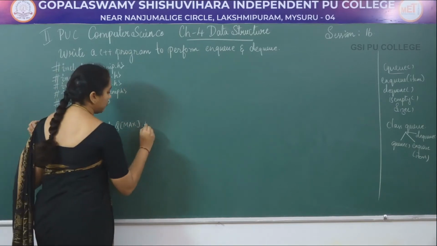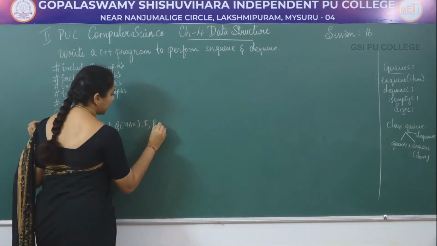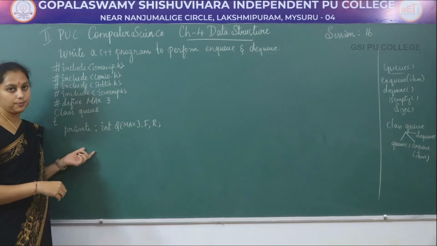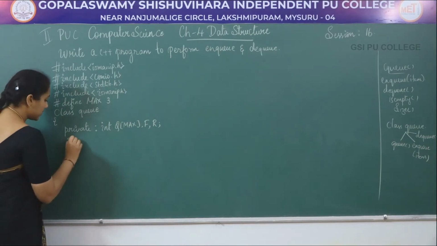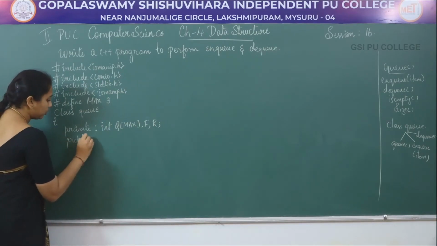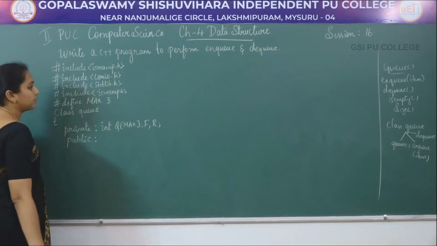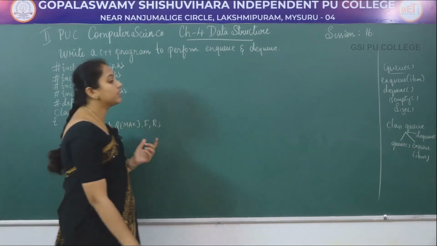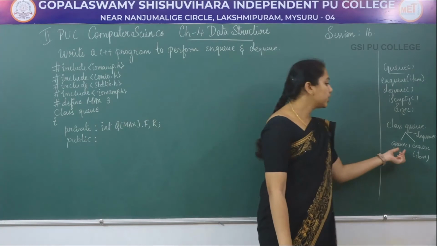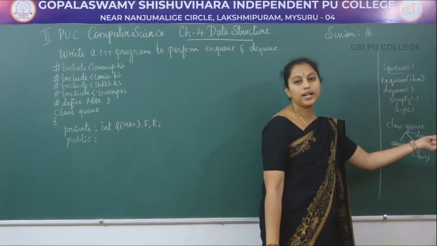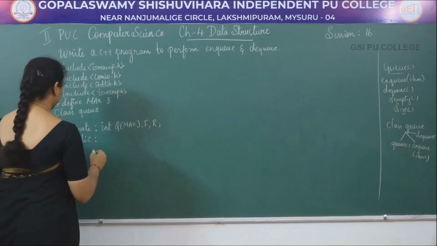And I am creating the variables for front as well as rear. In the public section, I am going to declare the required functions. Which are the required functions? Queue, Enqueue and Dequeue.